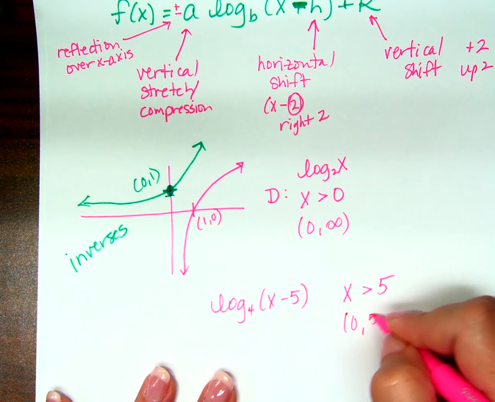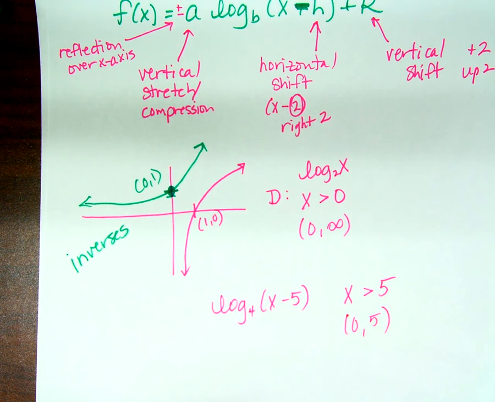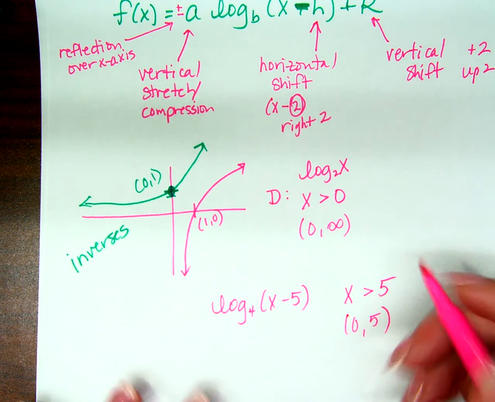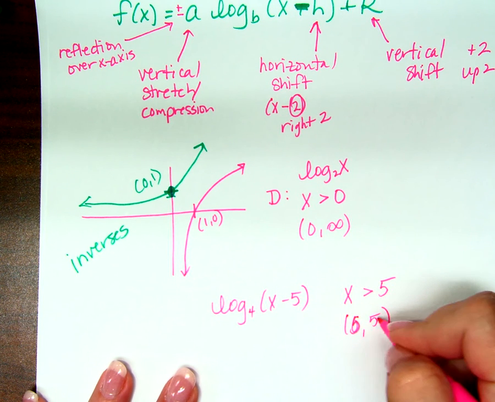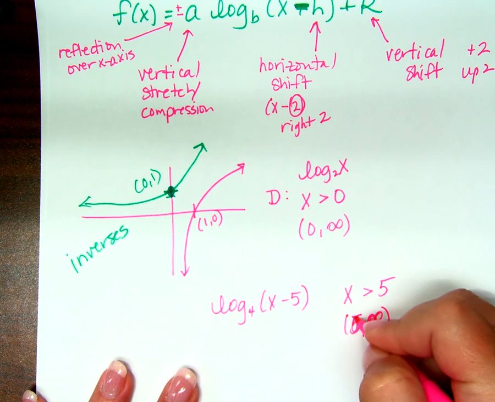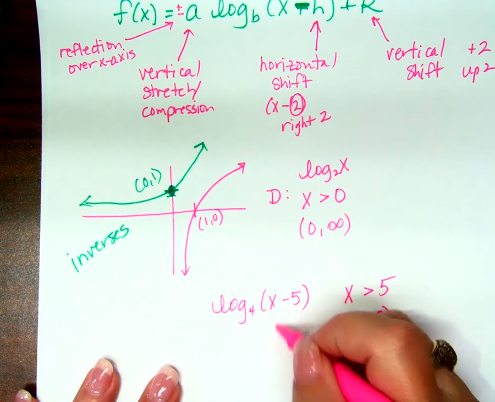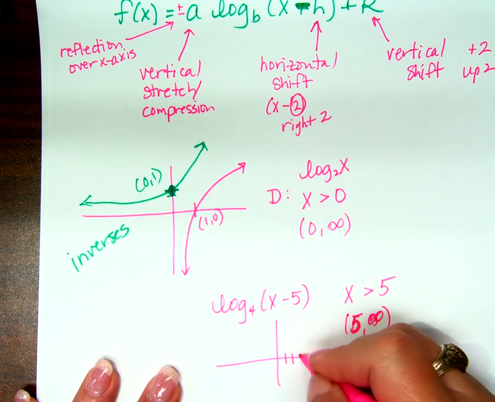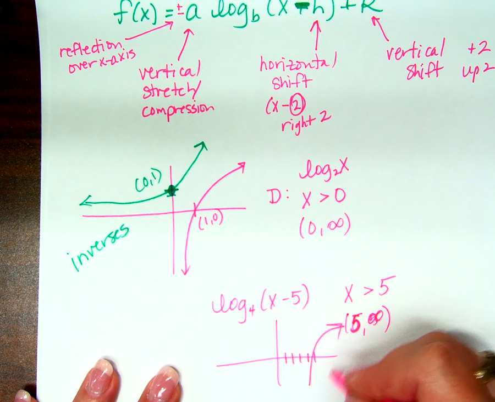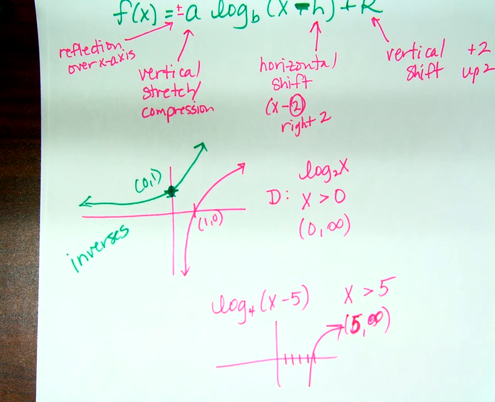Wouldn't it just be 5 to infinity in interval notation? Please forgive me for writing it wrong.